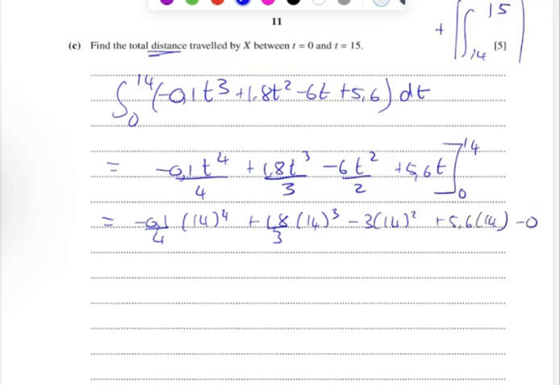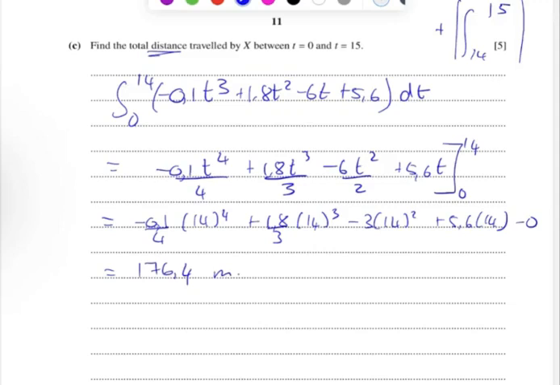If I subtract all those terms, it's going to be 0. 1.8 over 3 to the power 3, 3 times 14 squared plus 5.6 times 14. Okay, that's going to give me 176.4 meters. So that's for the first 14 seconds.